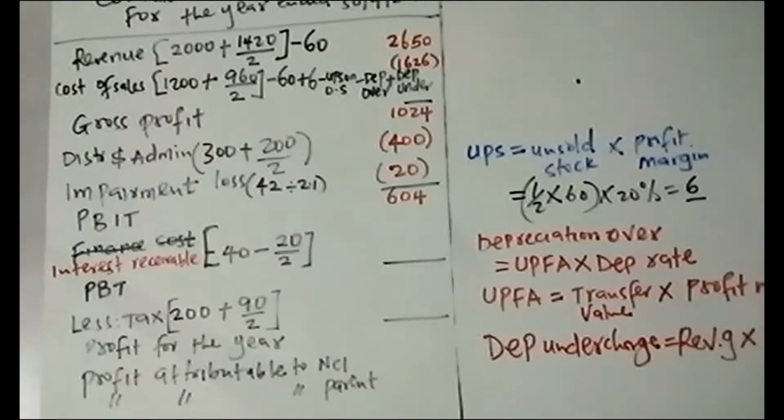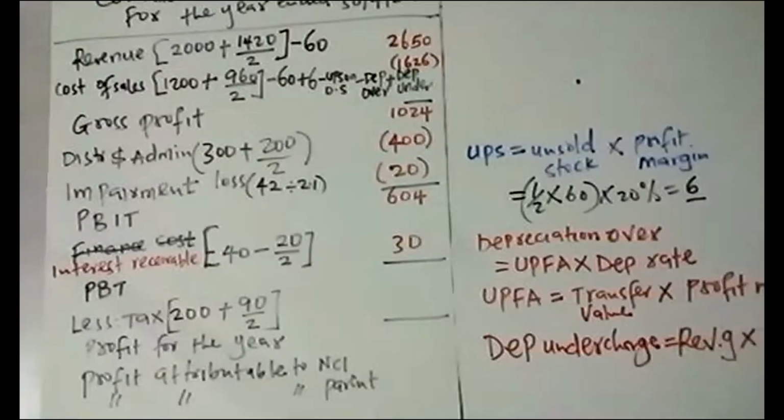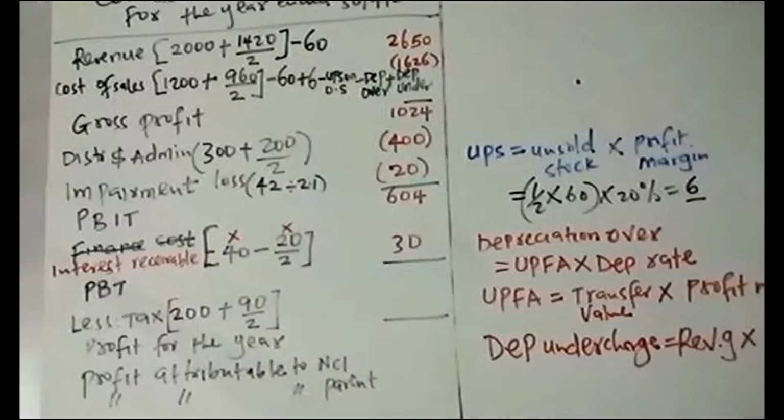Then this one would be 40 minus 10, that is 30. That is interest receivable. I have subtracted interest payable. So this was interest payable, this is receivable. So I'm getting a receivable of 30, which is an income.